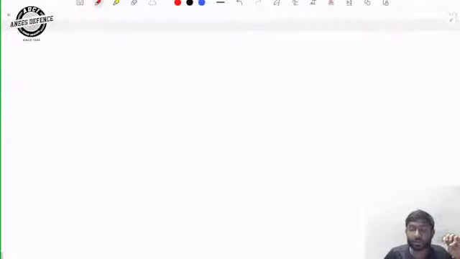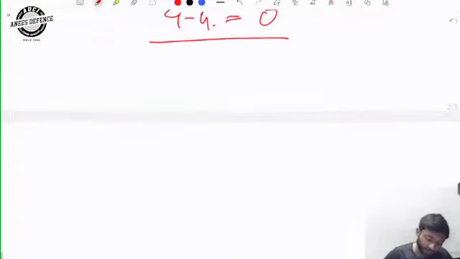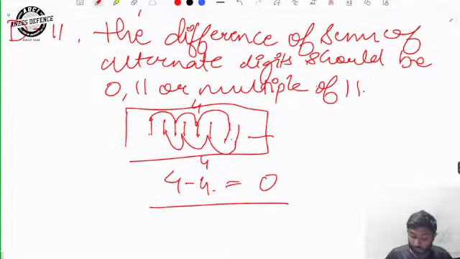They make it difficult to reduce the values. So remember that the divisibility test of 11 is such that the difference of the sum of alternate digits should be 0, 11 or any multiple of 11. Just remember this always.